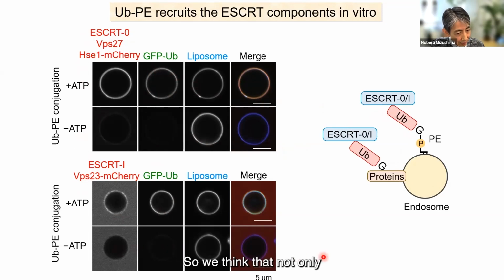So we think that not only ubiquitinated proteins, but also ubiquitinated PE can contribute to the recruitment of ESCRT machinery.